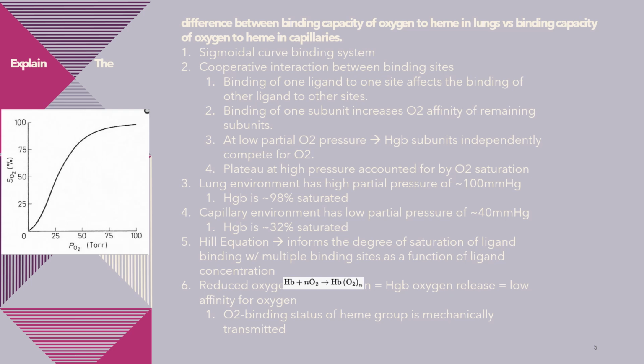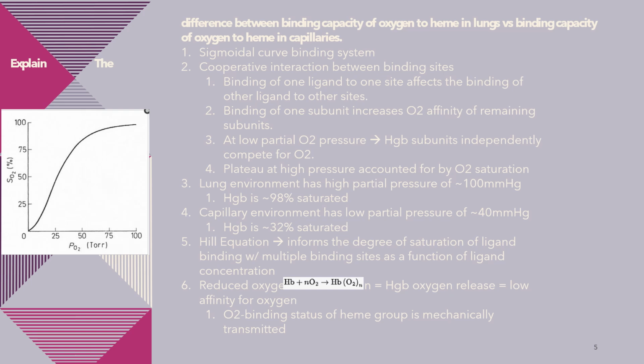This is indicated by what's known as the Hill equation, which informs the degree of saturation of the ligand, the bonding of the oxygen to the ion in the porphyrin group, or rather the heme group, and the binding with multiple binding sites as a function of ligand concentration. So the more oxygen in the environment, the higher the partial pressure, the more oxygen binds to the heme group, and then the more the structure changes, which allows more oxygen to bind to it.